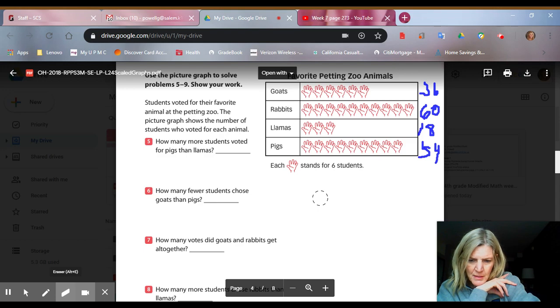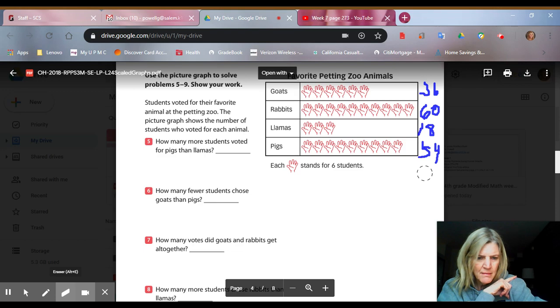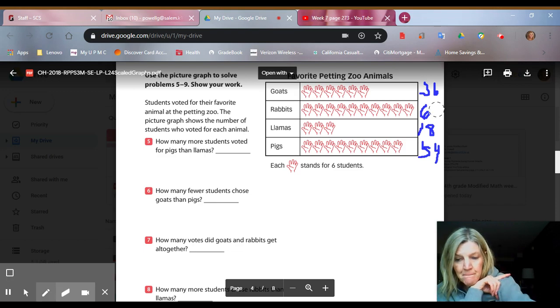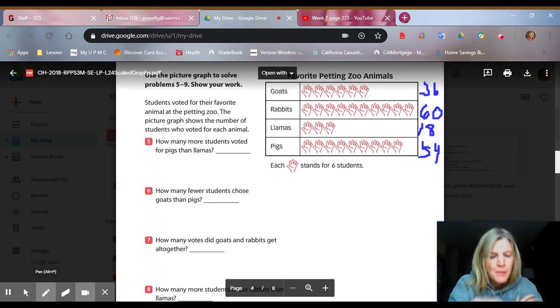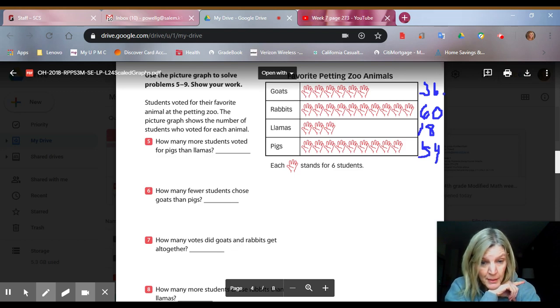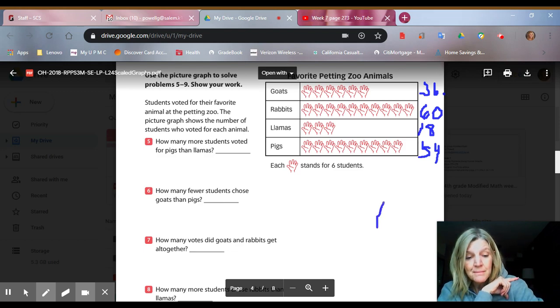Or you could say pigs had 54 votes. Pigs got 6 less votes than rabbits. Or you could say goats got twice as many votes as llamas. So whatever it is that you come up with, as long as it's true, you can write it in.